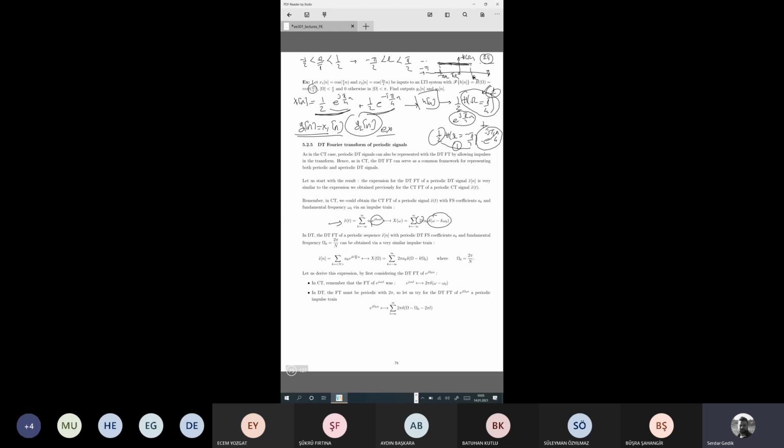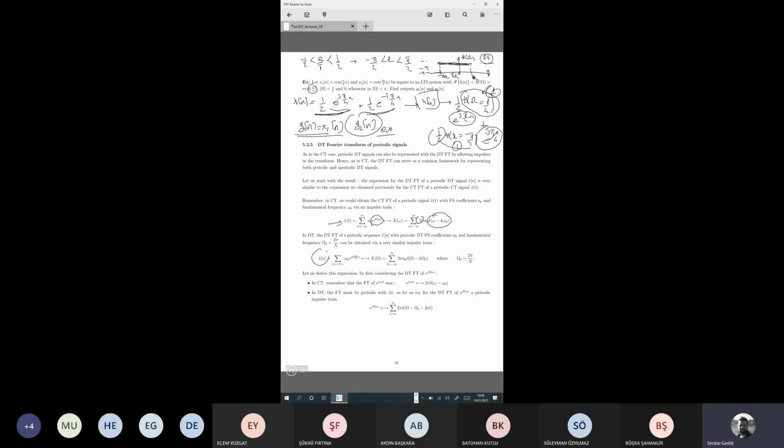So that's why I can easily find the continuous time Fourier transform for continuous time periodic signals. Well, in this case, the discussion is similar.